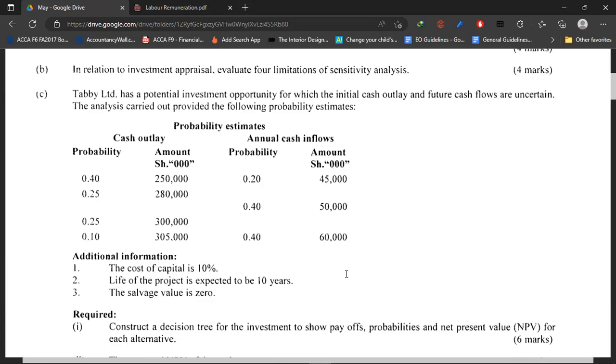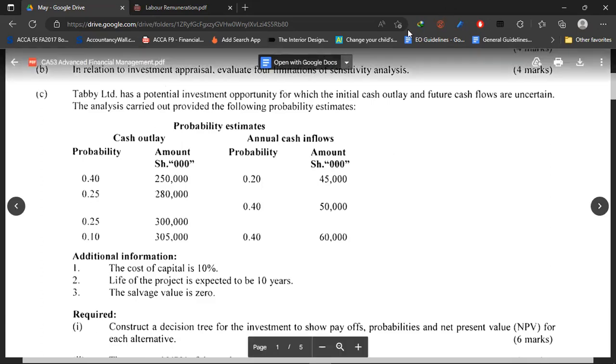The probabilities are given there, and then the examiner gives you the annual cash inflows for the respective initial outlays you have already invested in certain projects. So how am I going to do this question? Let me go and give you the solution.